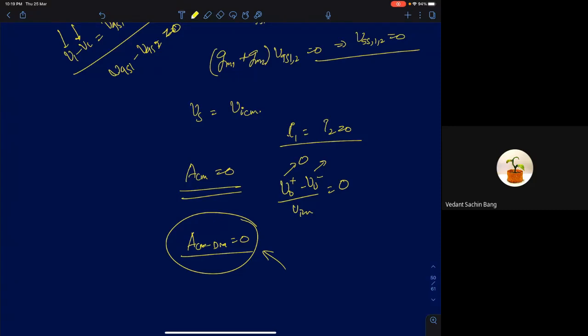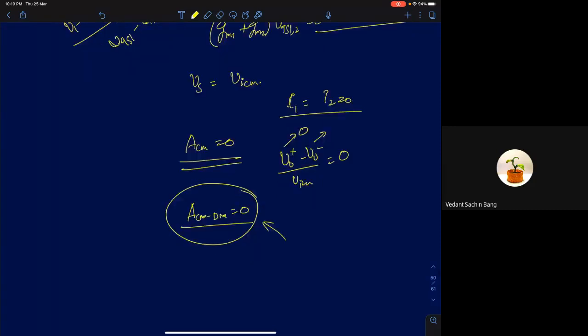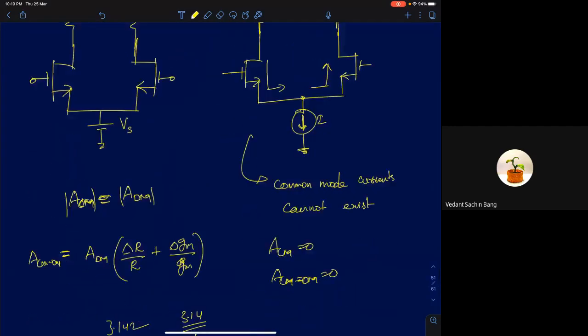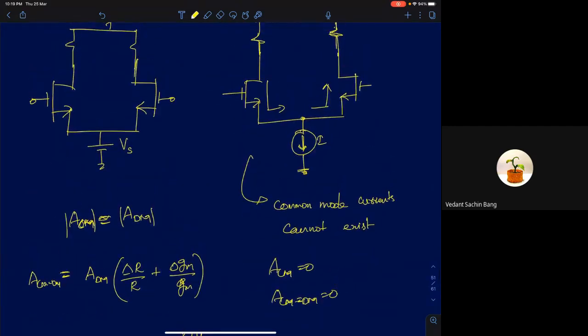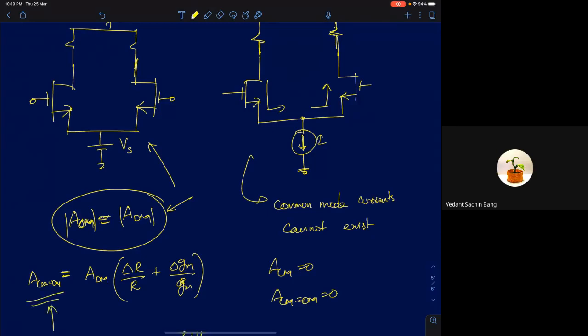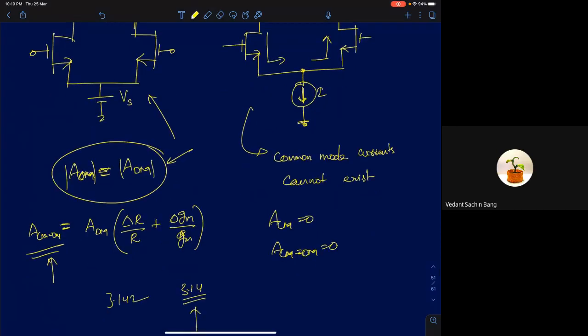Okay, so that's the interesting thing about this circuit with constant current biasing. I've compared the two parameters here. If you take a voltage bias differential pair, ACM is still approximately equal to ADM, even though there is mismatch and all of that. They both were very similar, and if the mismatch is very small, very close to your nominal values when the circuit was purely differential. But now you're going to get a finite ACM-DM for this.